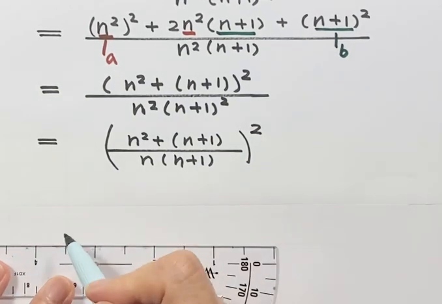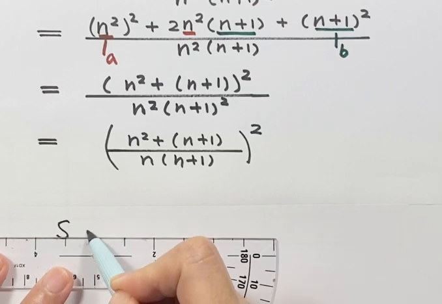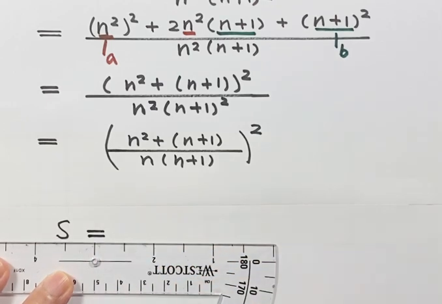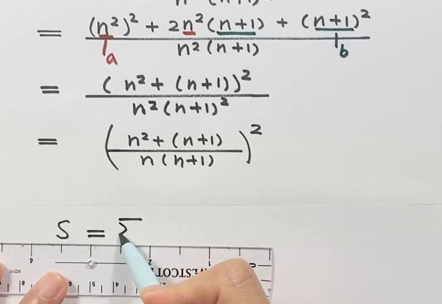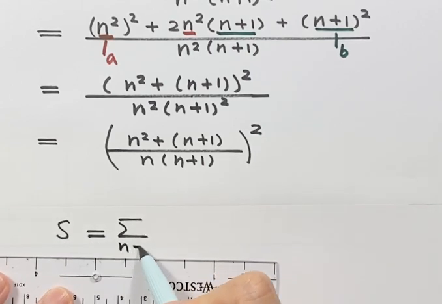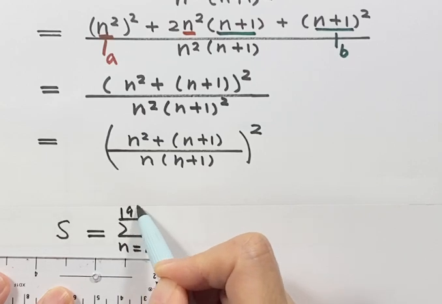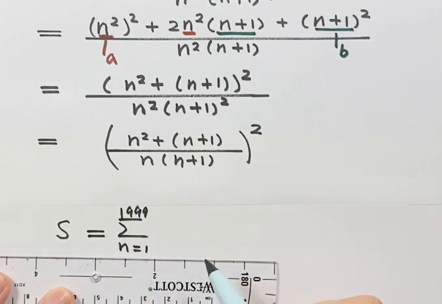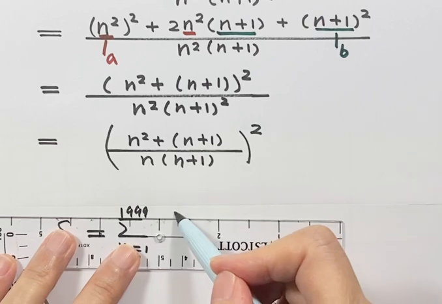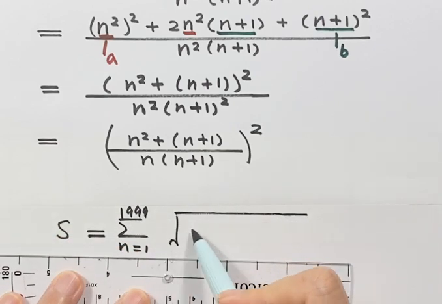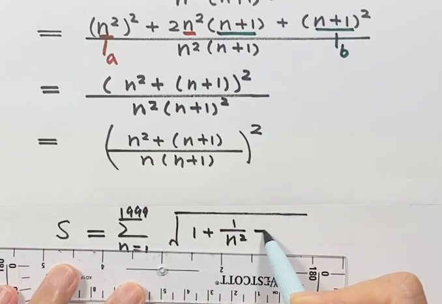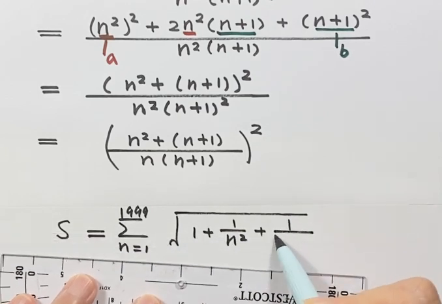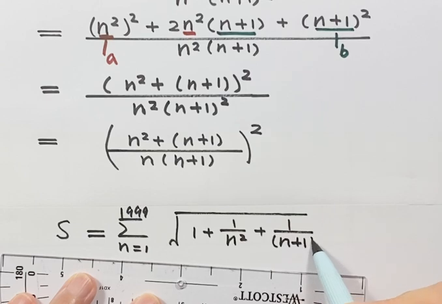So now we have the sum of the square roots. So n from 1 to 1999. Here we have the general term, square root of 1 plus 1 over n squared, plus 1 over n plus 1 squared.